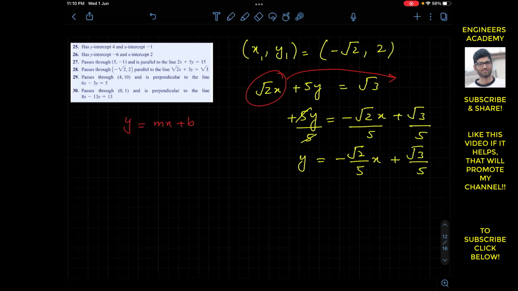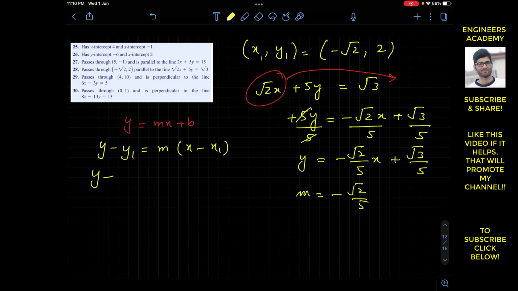So now the slope of the desired line is -√2/5. We can use the point slope equation, which is y - y1 = m(x - x1).